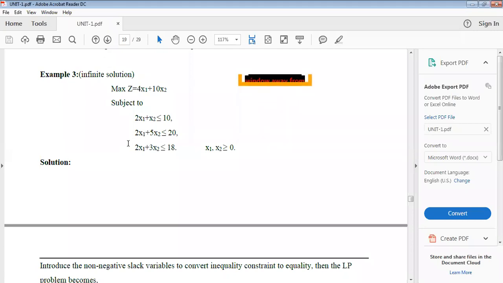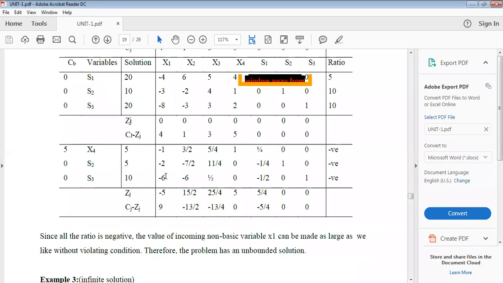In the first problem, you got the solution for the maximization problem, whereas in the second problem you did not, because all the elements in the entering column are with a negative sign. When you compute the ratio, it comes out negative, hence it is an unbounded solution.